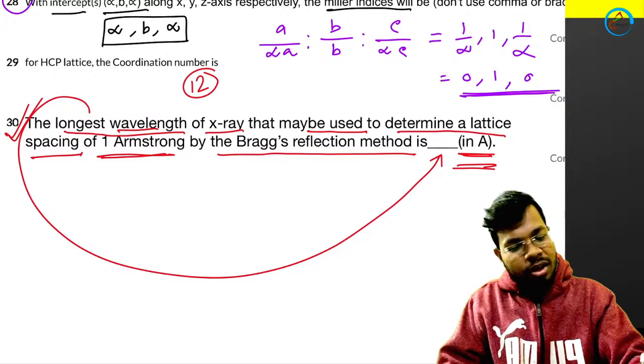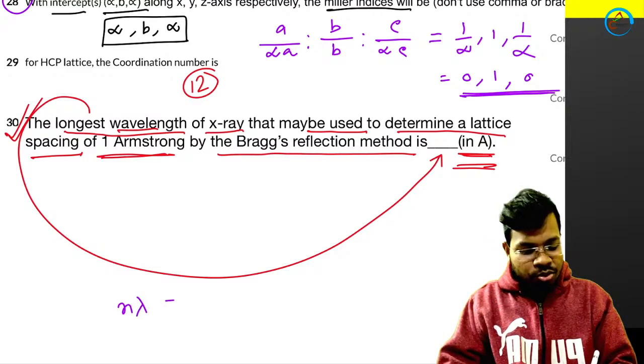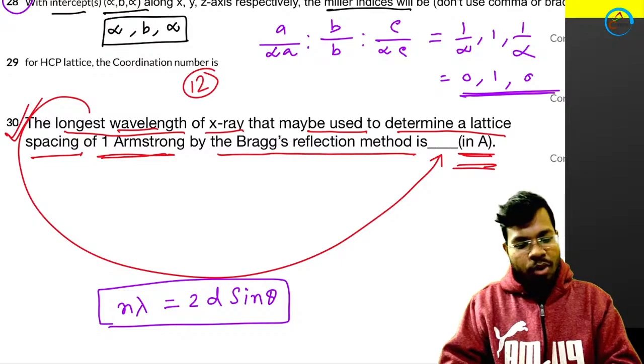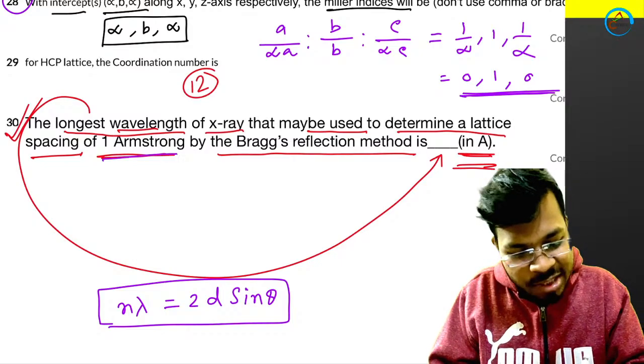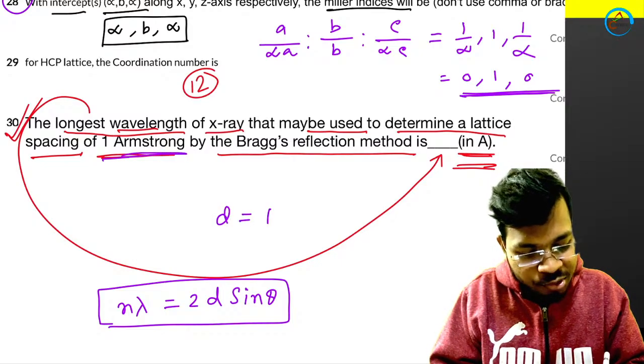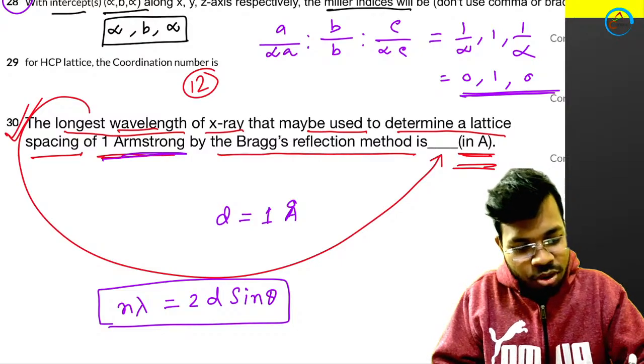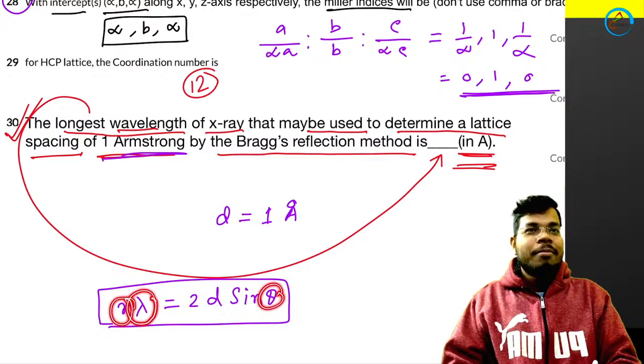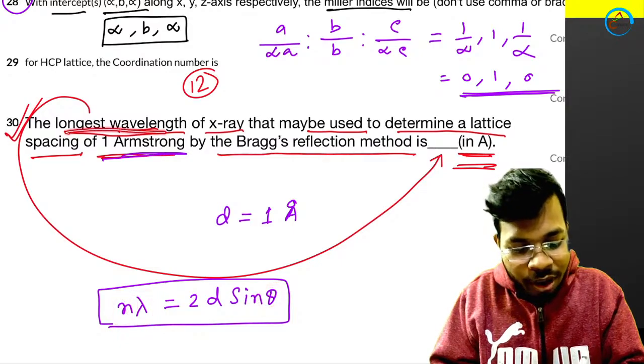You know the formula already: n lambda equals 2d sin theta. I have given only the d value, 1 Angstrom, but you don't know n or theta. How can you calculate lambda? But I have given that it is the longest wavelength.